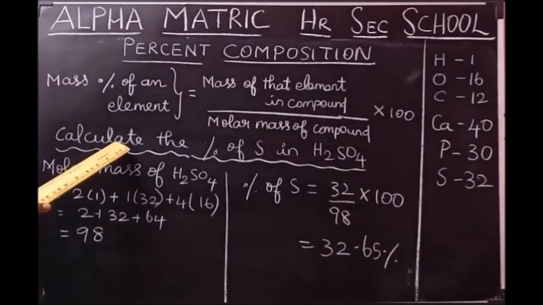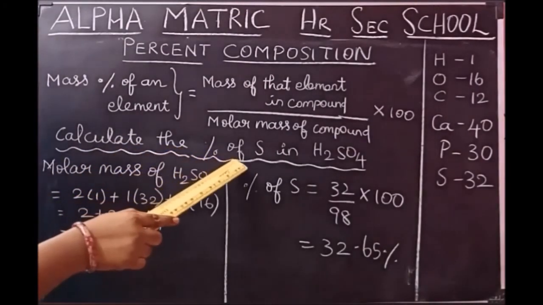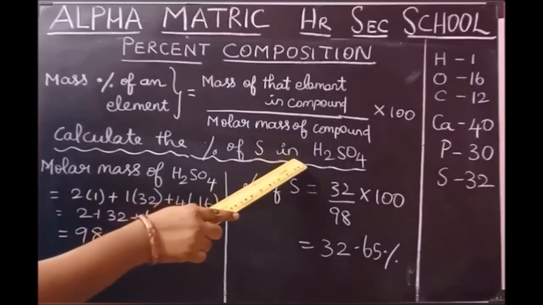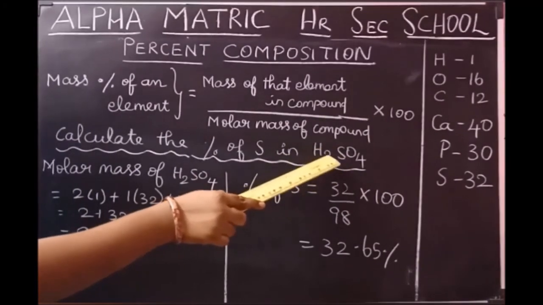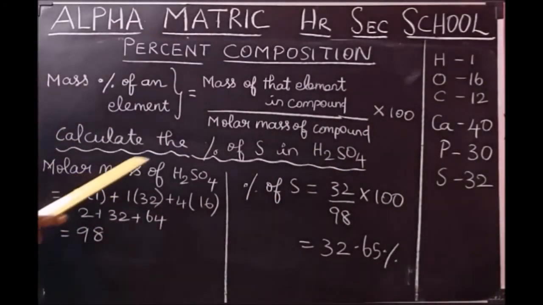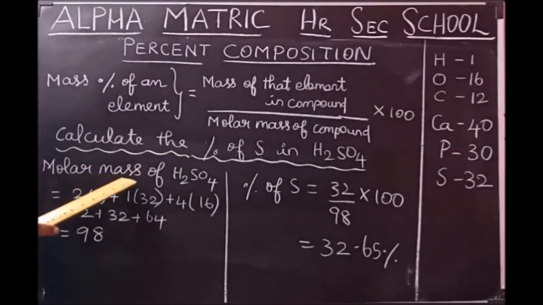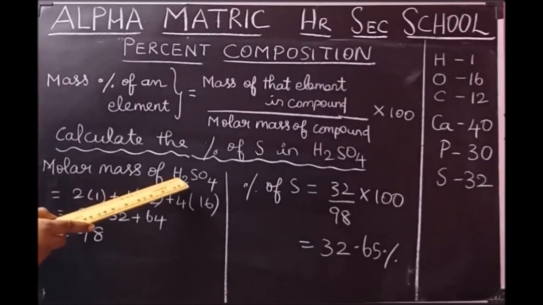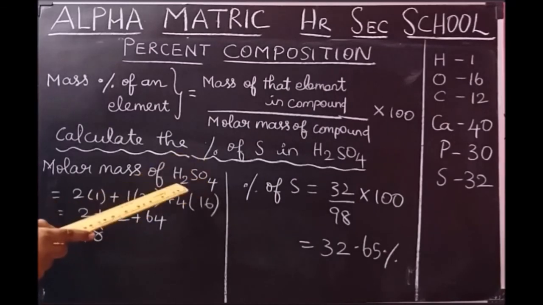Next, calculate the percentage of sulfur in sulfuric acid, H2SO4. First, we have to find the molar mass of H2SO4. Here there are three components present in H2SO4: hydrogen, sulfur and oxygen. How many hydrogen? 2 hydrogen.